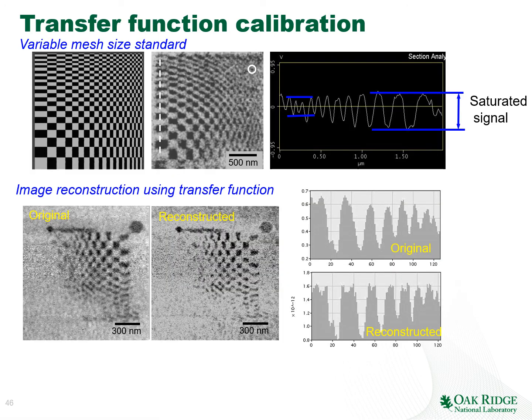And we can even calibrate the transfer function if we create the variable mesh standard. So here the domains change in both x and y direction. We can write the domain pattern like this. We can read it using the PFM, and we can take this ratio of the Fourier components in order to reconstruct the transfer function.